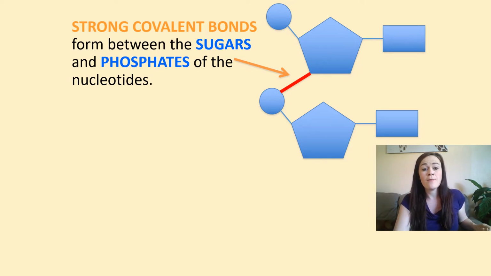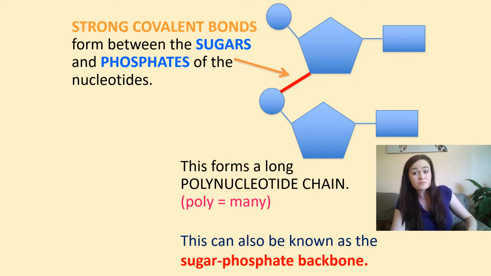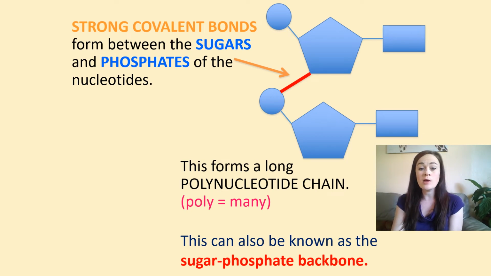A bond forms between the phosphate of one nucleotide and the 3' carbon of the neighbouring nucleotide. This allows us to join many nucleotides together, and we call it a polynucleotide chain, poly meaning many. We also get the term sugar phosphate backbone, because these covalent bonds are so strong, like a backbone.